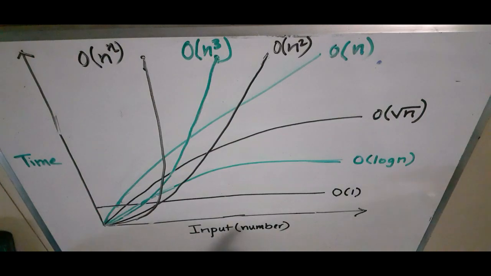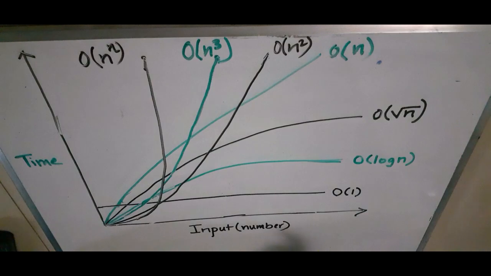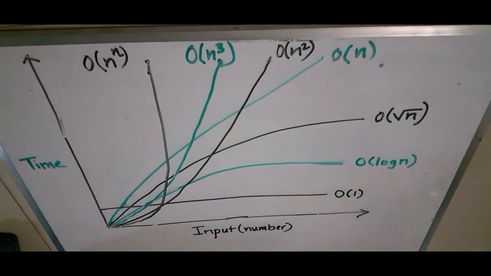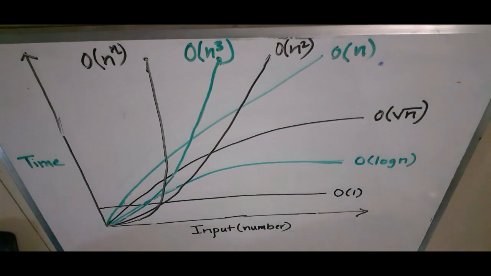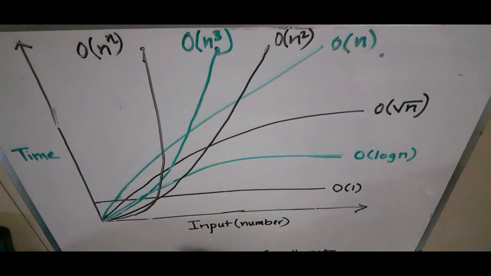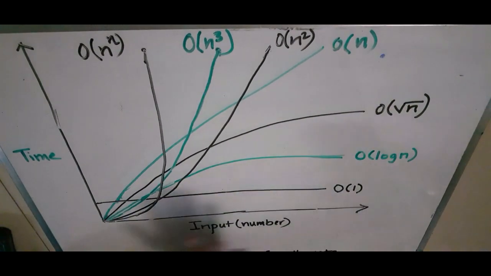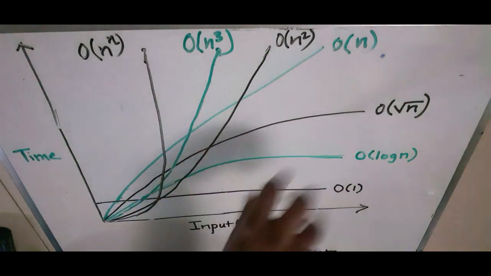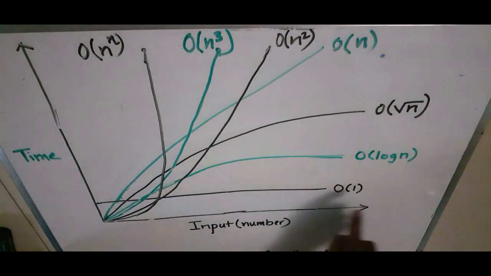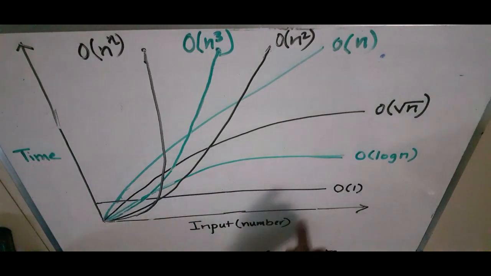So this graph shows us the time complexity. Across this axis we have the number of inputs, and across this horizontal axis we have time. As you can see, we have different time complexities around this graph. So big O(1), or order of 1, is a flat line.